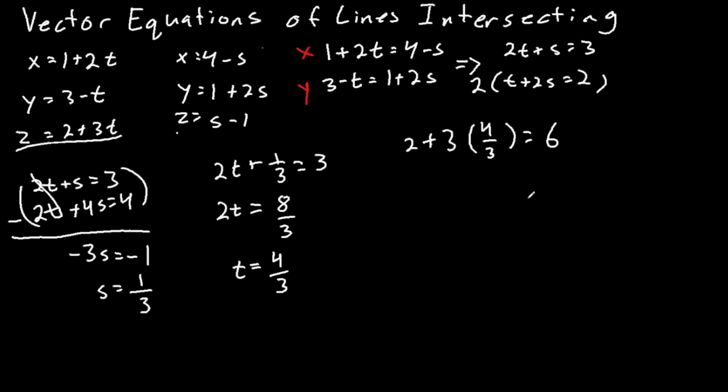And then let's plug it in for this equation now. s minus 1, and s is 1 over 3. 1 over 3 minus 1 is equal to, well, obviously, from what you can tell now, these are not the same. So 6 and negative 2 over 3 are not the same. So therefore, since these lines have a point in which x and y are the same, but the z values are not the same, this line is skew.